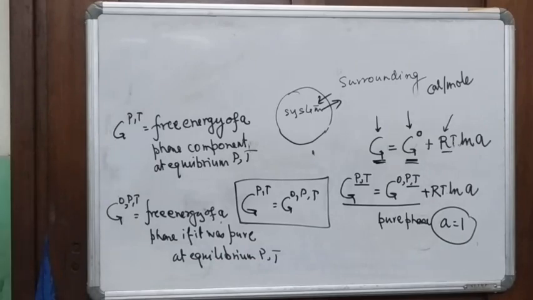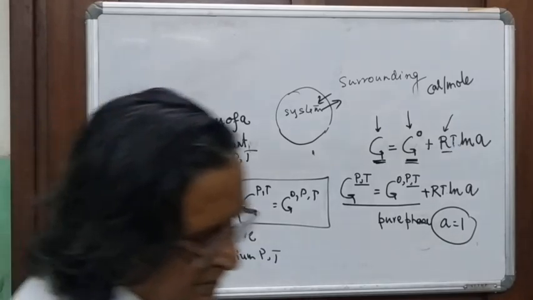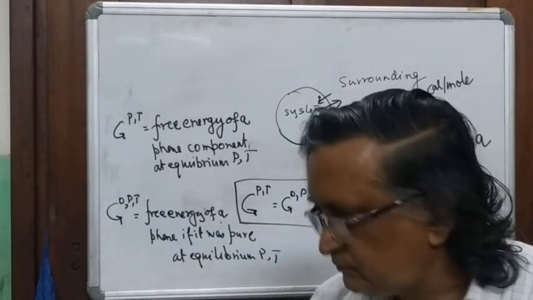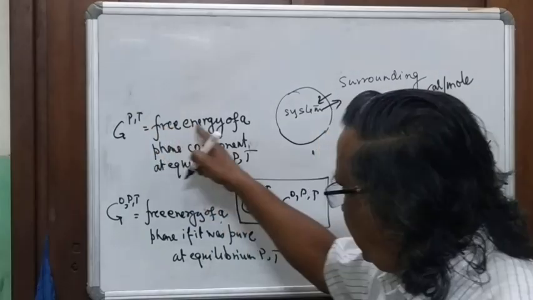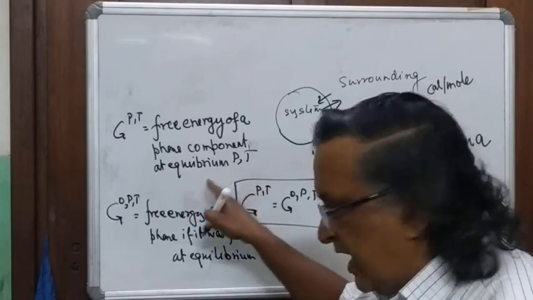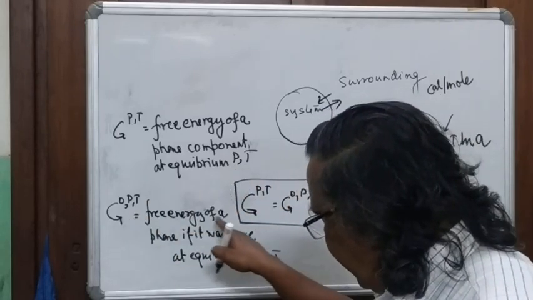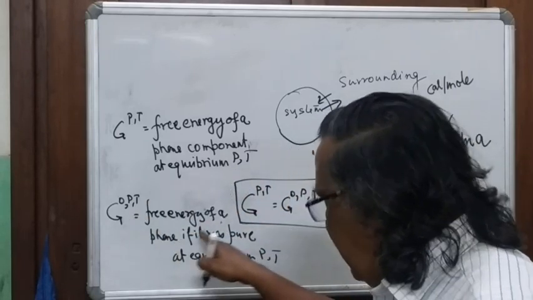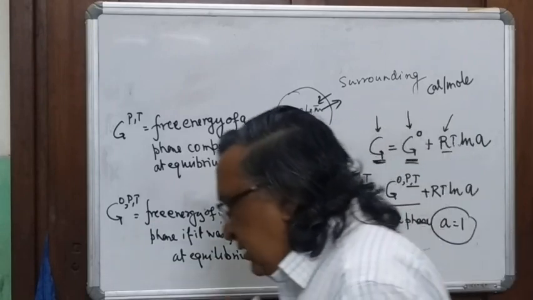Did you get this? Mark the words. G is the free energy of a phase component at equilibrium pressure temperature, and G0 PT is the free energy of a phase if it was pure at equilibrium pressure temperature.